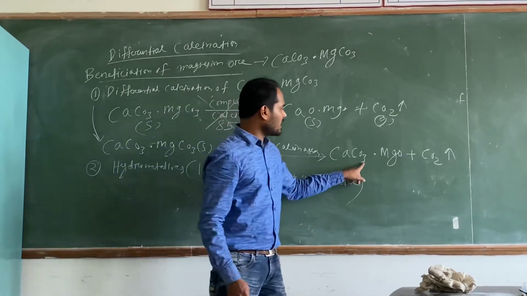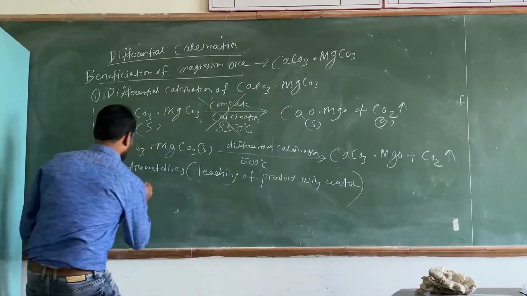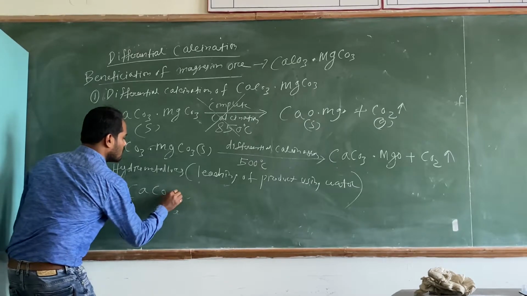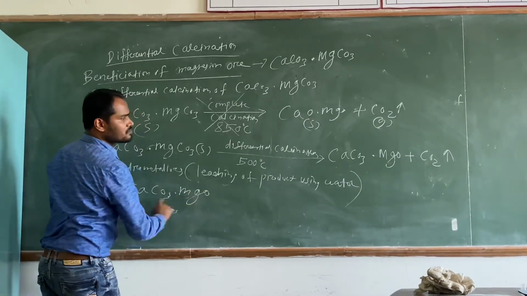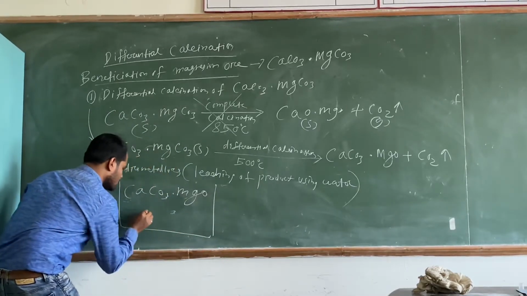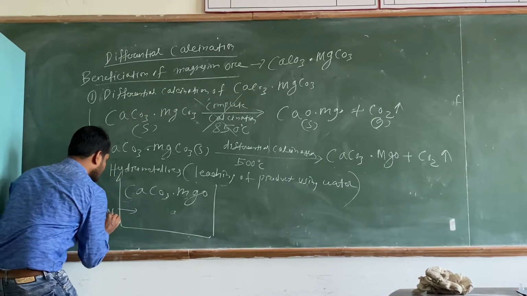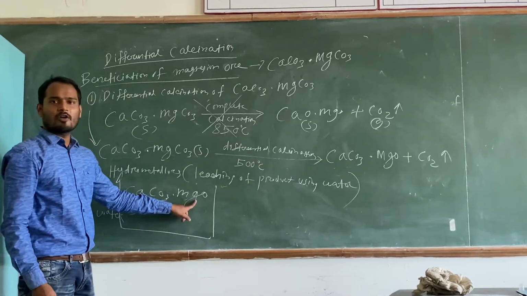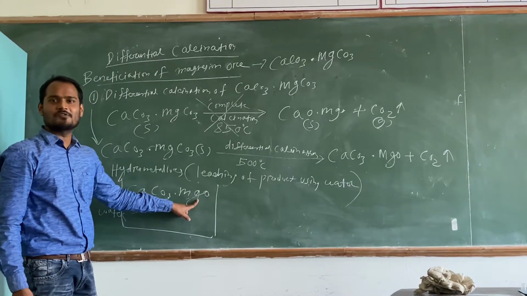So if you take this product, CaCO3·MgO, and put it into water, what will happen? Since this is an oxide, the oxide will be easily soluble in water.